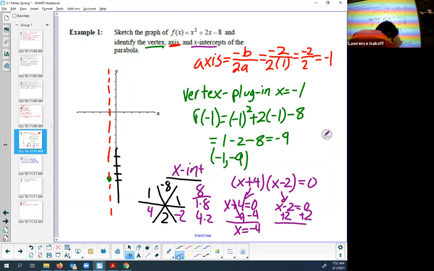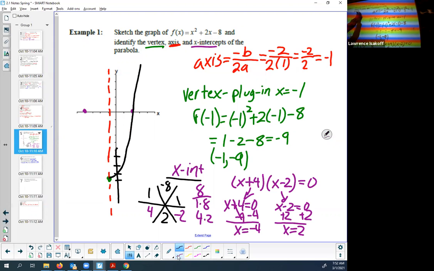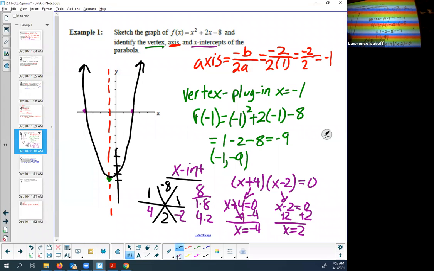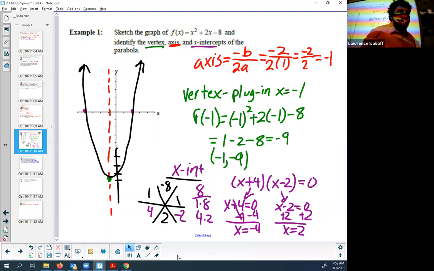Add 2. X is equal to +2. So I'm going to place those on here. So +2 and -4, 1, 2, 3, 4. And then all I have to do is draw a symmetric U shape like so.